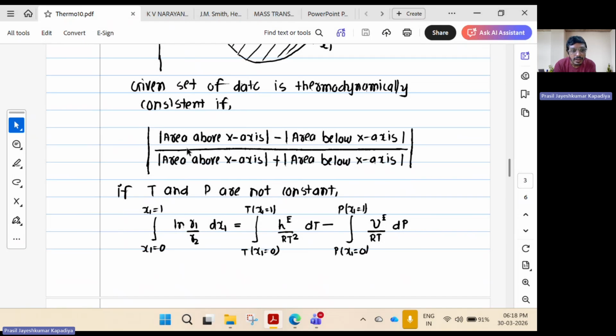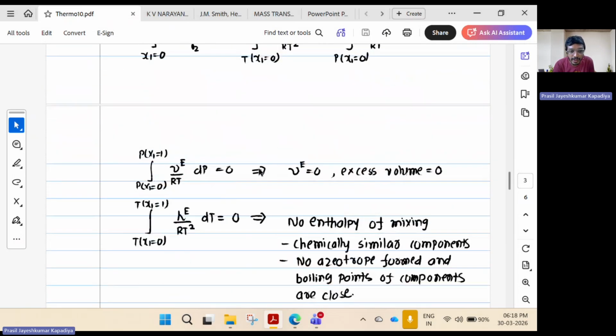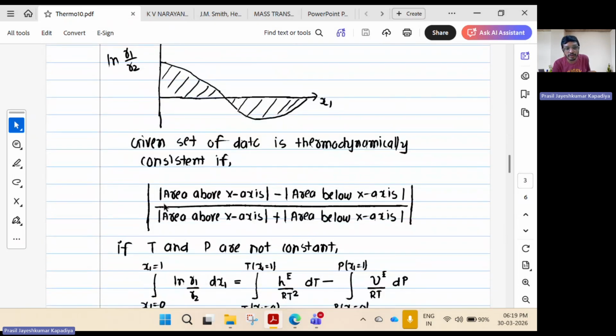we are going to use the modulus of the area above the x-axis minus the modulus of the area below the x-axis. So I'm taking the absolute value, divided by the modulus of the area above the x-axis plus the modulus of the area below the x-axis. That is what I'm going to find out. Wait, I have not written what the criteria is.